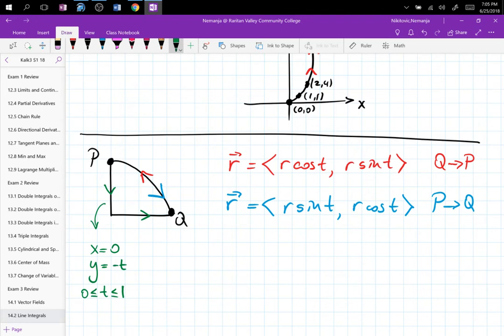Well, I should say 0 to r, since I am using r as a radius. So we know that the radius is r. So this point over here is 0, r, and this point over here is r, 0. So let's try it. When t is equal to 0, then you are at 0, 0. See, I have this backwards, right?